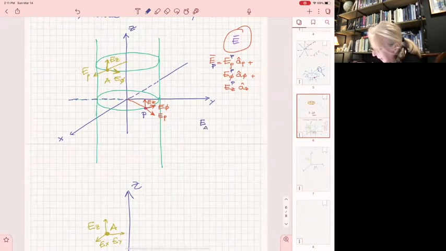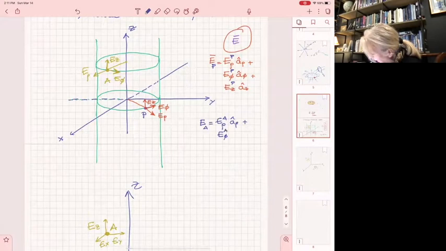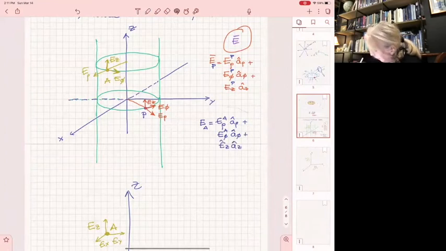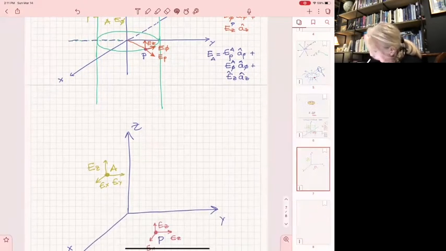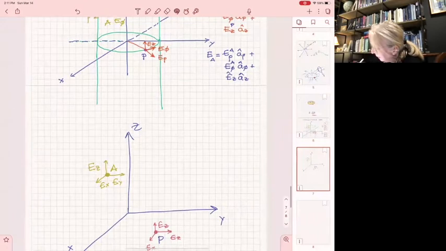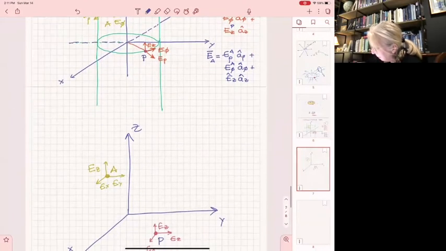This is E sub A, and E sub A will be E sub rho A sub rho, plus E sub phi A sub phi plus E sub Z A sub Z. All right, now I will do the same thing down here. E sub A is going to be the same no matter whatever coordinate system I'm using.